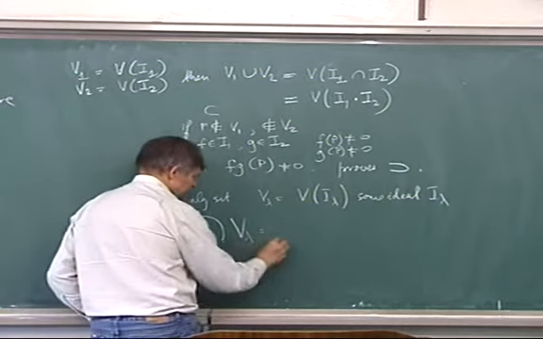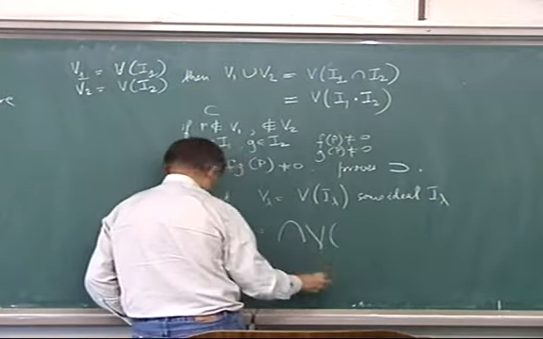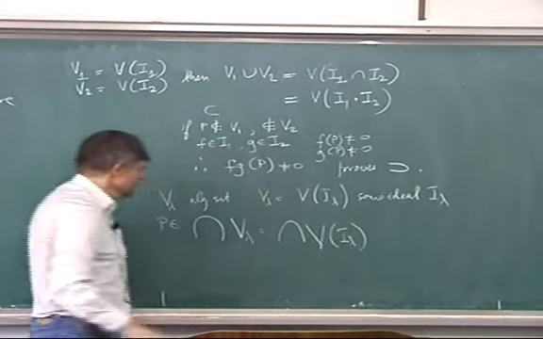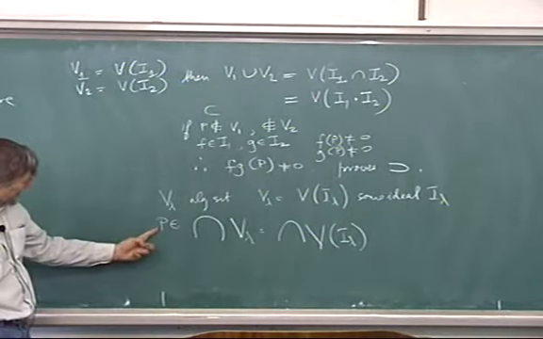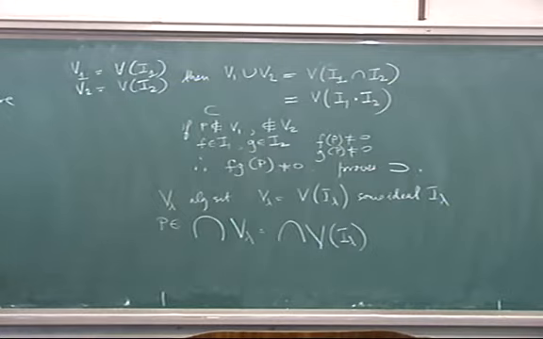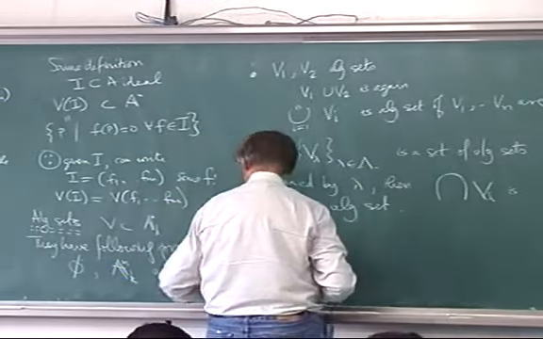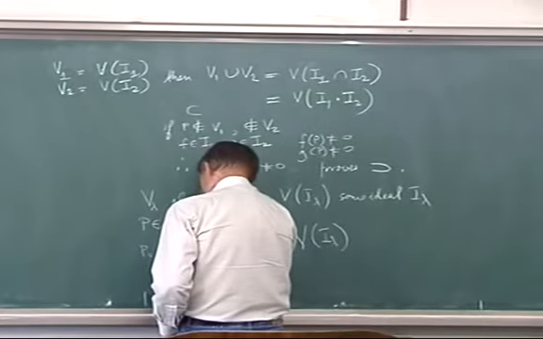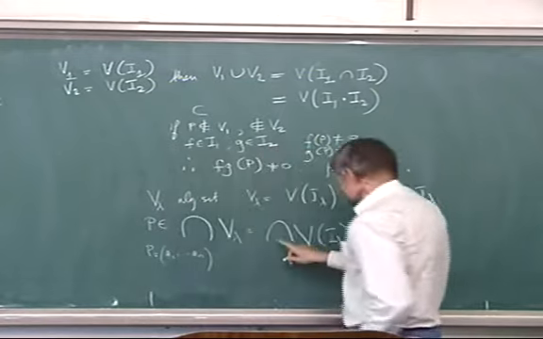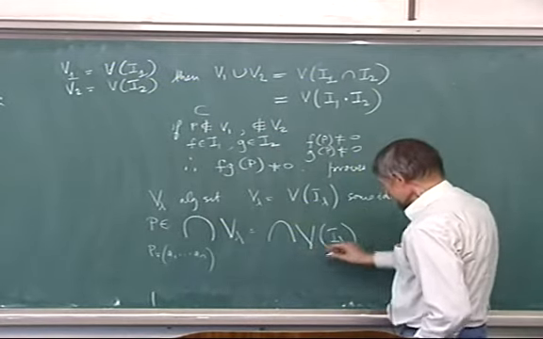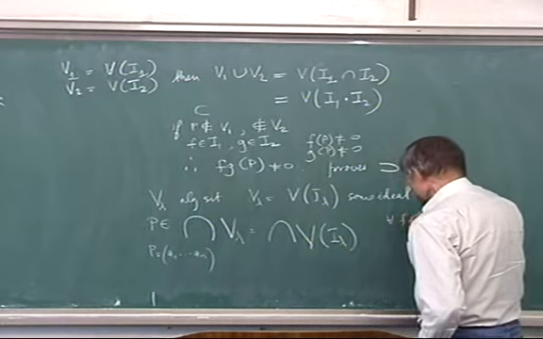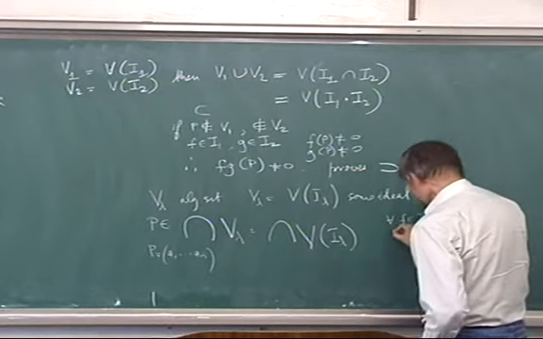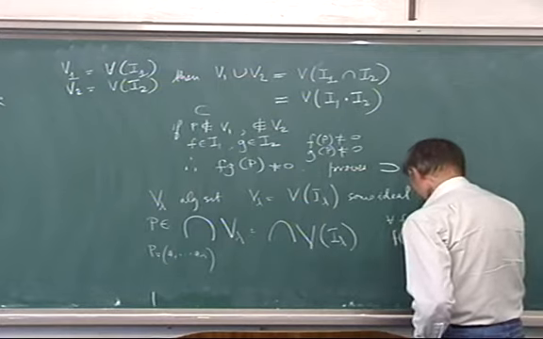This is the intersection of V of I lambda. So P is a point of space, one of these points A1 up to AN, and it satisfies all the conditions here. This means that all the F in I lambda, for all lambda, satisfy F of P equals 0.